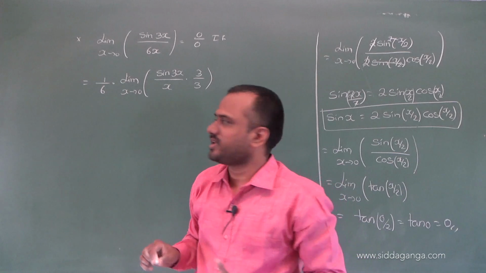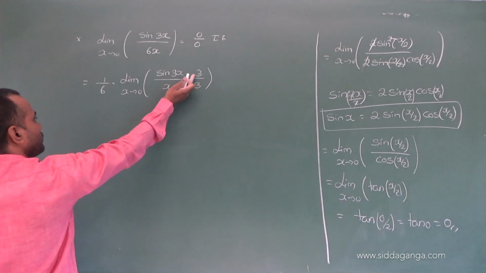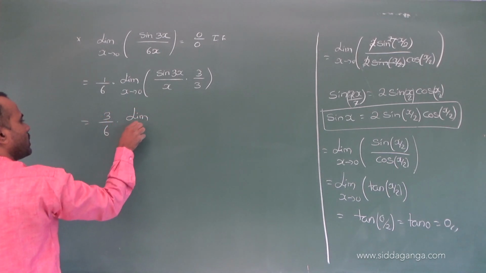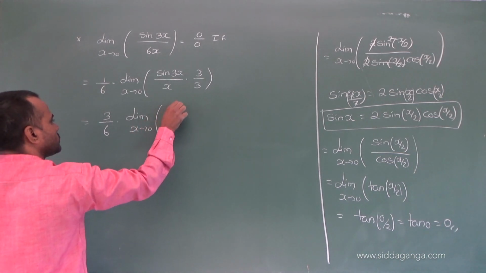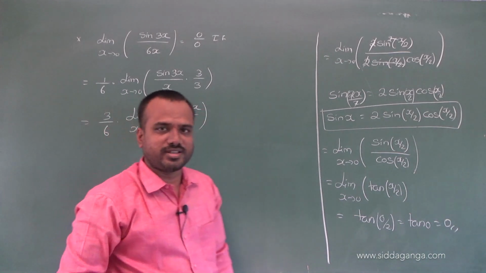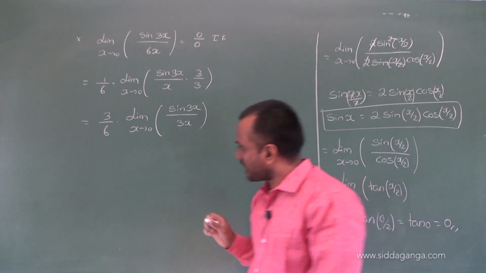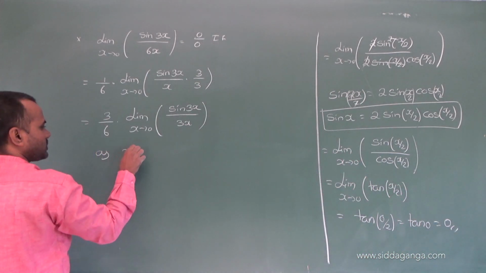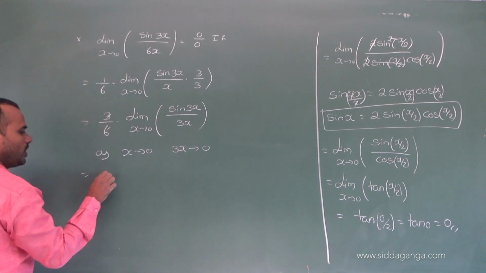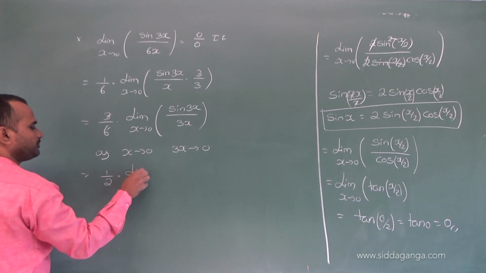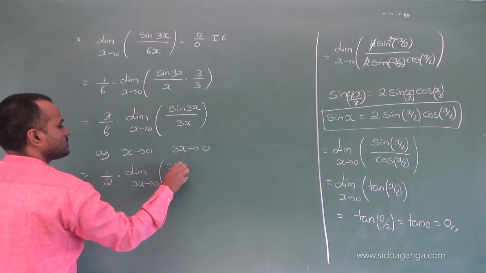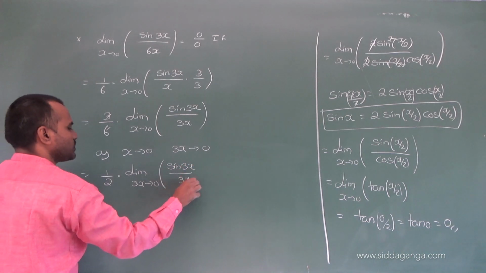This 3 we write outside of the limit, 3 by 6. Limit x tends to 0, what? Sin 3x divided by 3x, correct? As x tends to 0, 3x also tends to 0. 1 by 2 into limit 3x tends to 0, sin 3x divided by 3x.